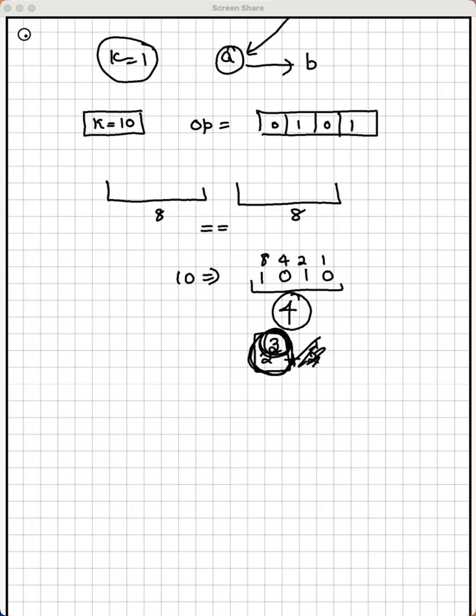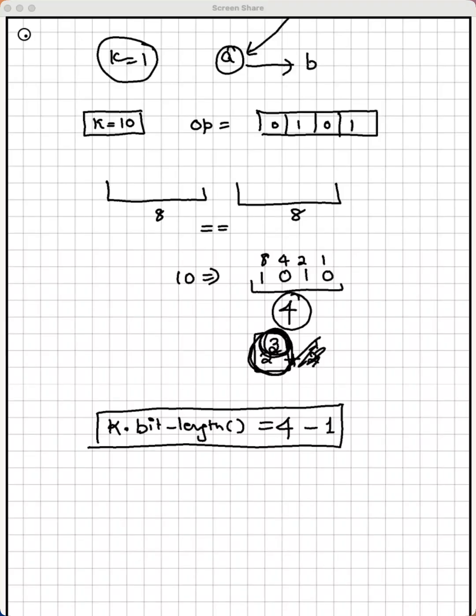Alright, so the way we do that in Python is take k, take bit_len, and that gives you 4. Then you subtract 1 to get your exponent. You got your exponent, so you know your left hand side is 8 characters and your right hand side is 8 characters.